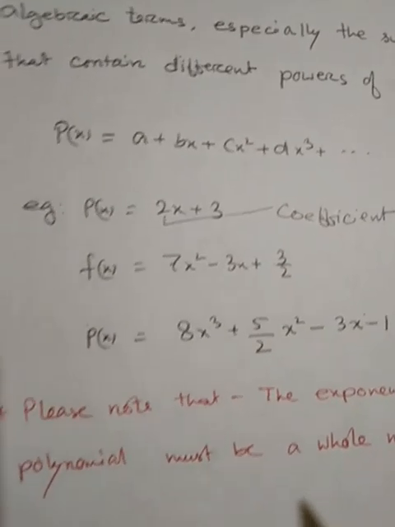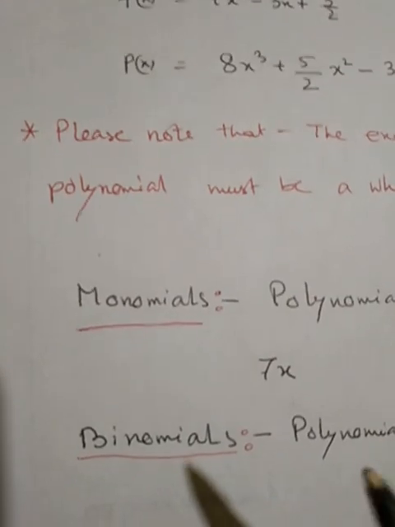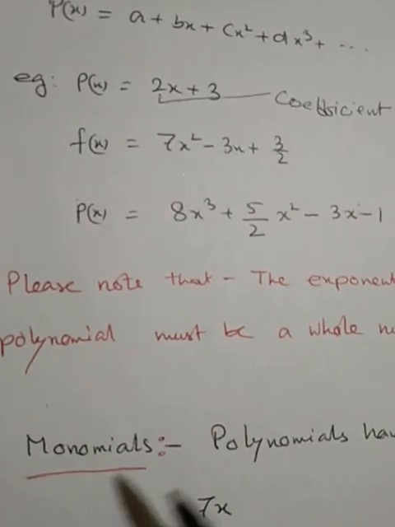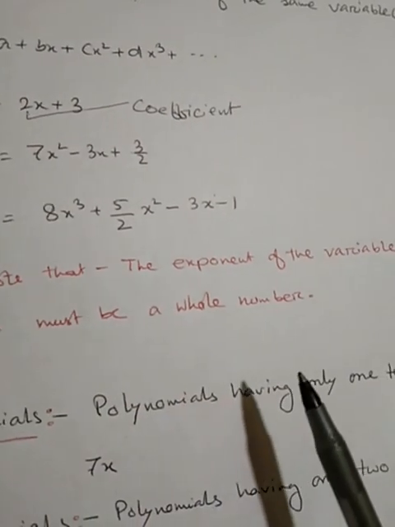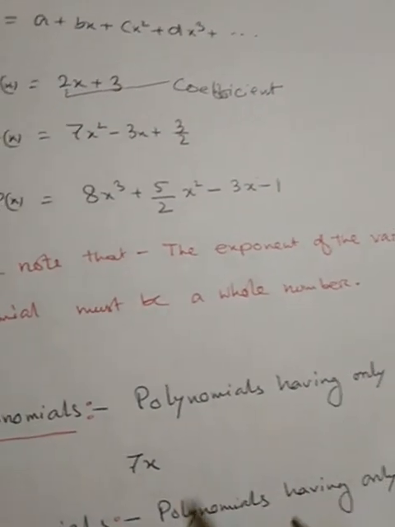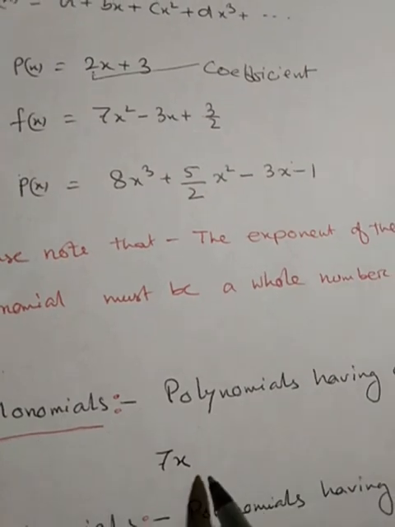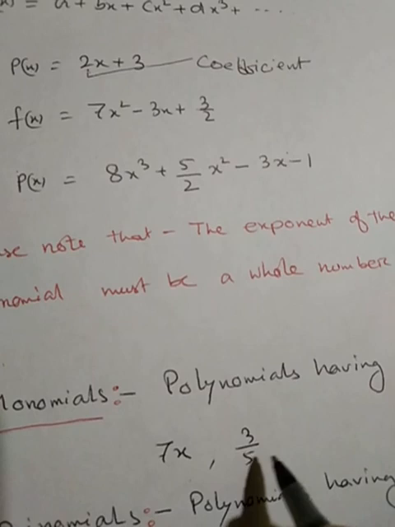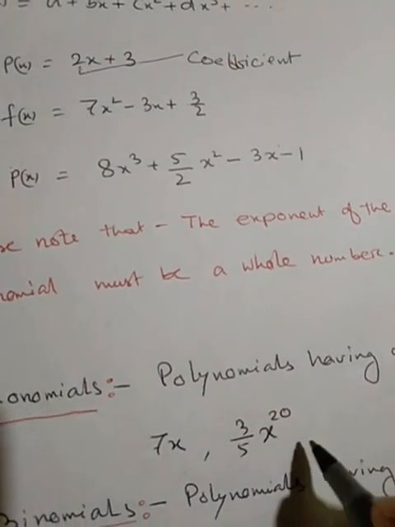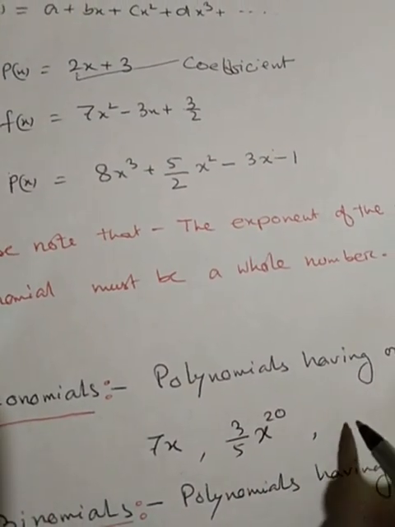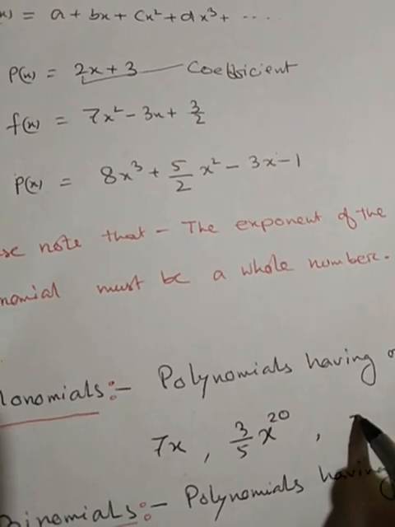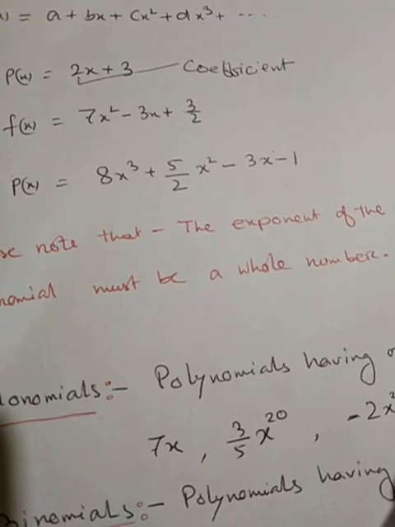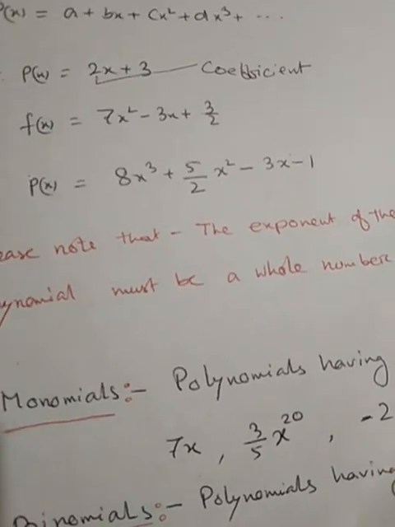The types are monomials, binomials, trinomials, and so on. Monomial means that if the polynomial has only one term, then it is a monomial. For example, 7x is one monomial, 3 by 5 x to the power 20 is another monomial, and this is another monomial, and so on.